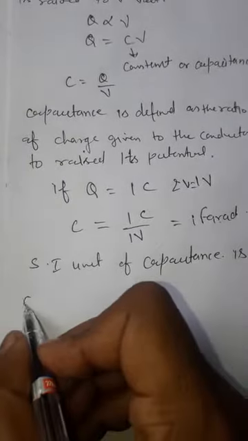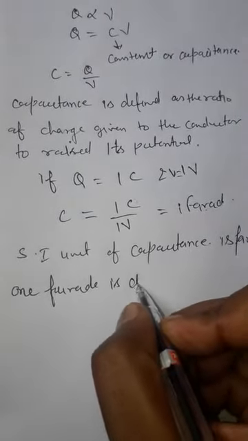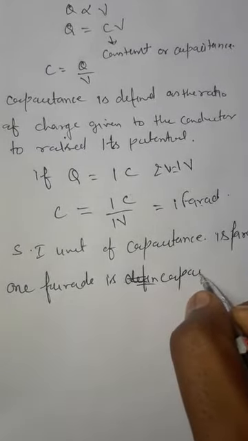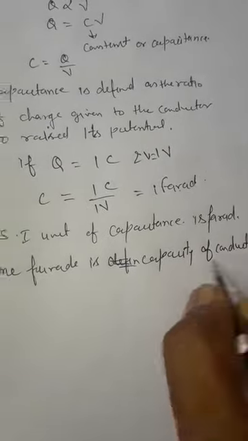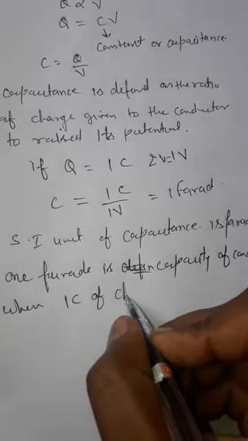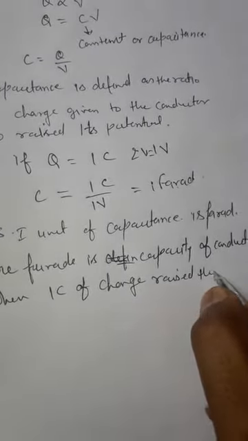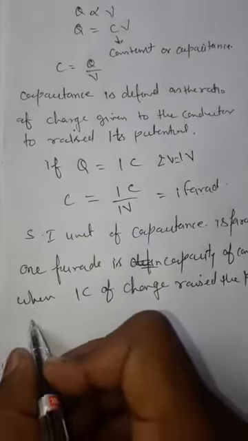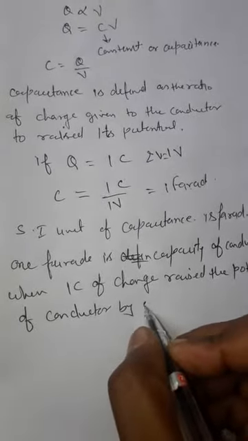Okay, so 1 farad is the capacity or capacitance of a conductor when 1 coulomb of charge raises the potential of the conductor by 1 volt.